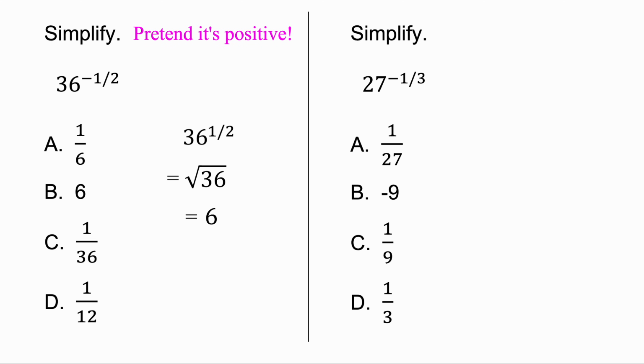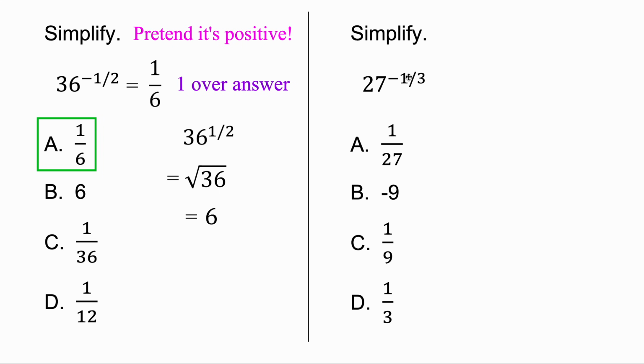Whatever answer you get, the final answer is going to be 1 over that. So this one is going to be 1 over 6. A negative always means that your answer will go in the bottom, and it'll always be a 1 up top. So just be careful, it's not actually going to make the final answer negative, it'll just make it 1 over the positive answer. So let's see one final example.